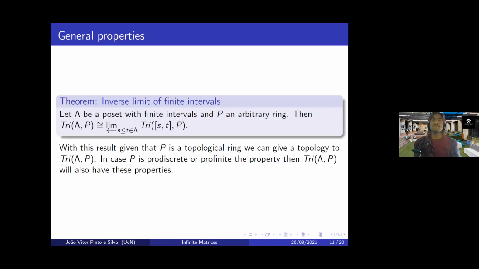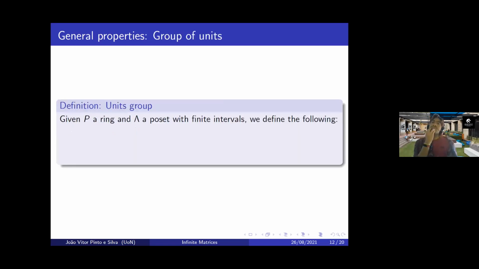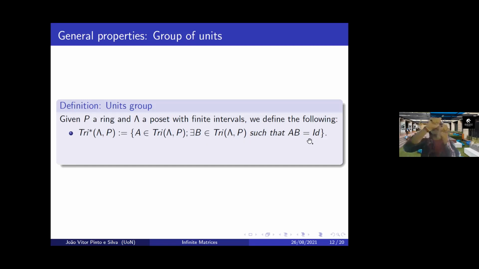And with this, going to the group side of things, there is a result that might be interesting for some of you. Given P a ring and Λ a poset with finite intervals, we can define the following. Tri*_Λ(P) will be the unit group of our ring. So they are all the matrices A such that there exists B in Tri_Λ(P) such that AB equals the identity. The identity here will be just a matrix with 1 on every diagonal entry.